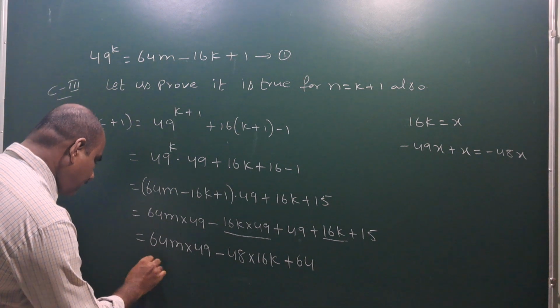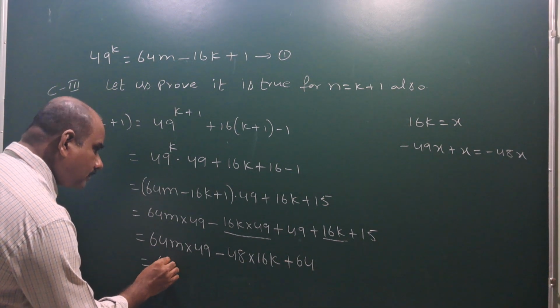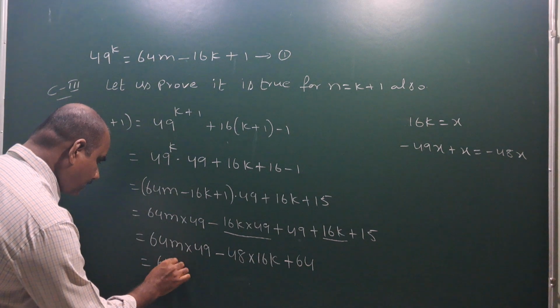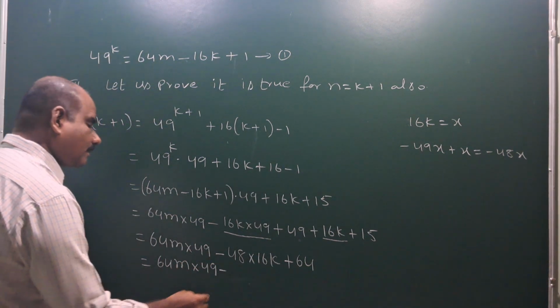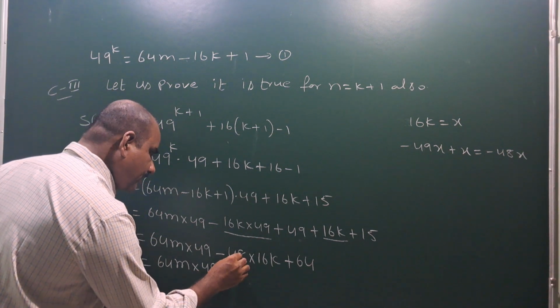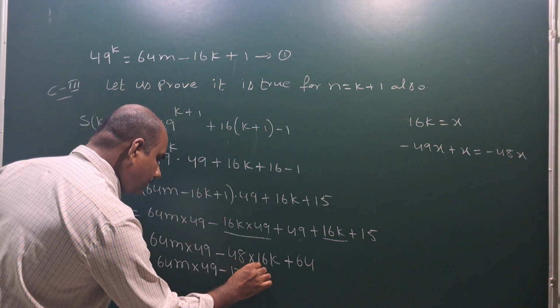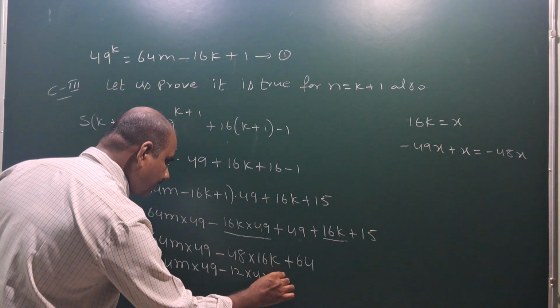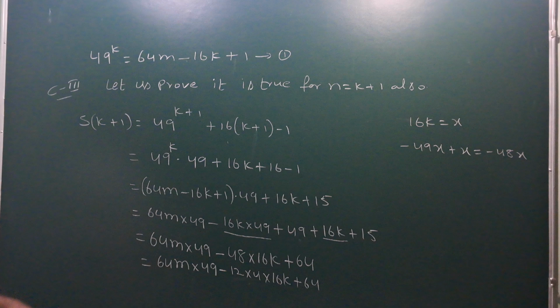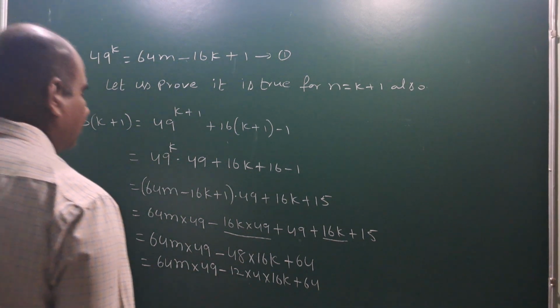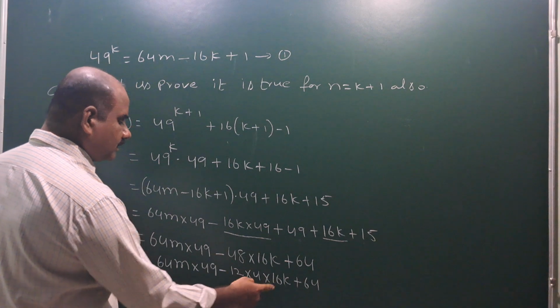And this can be written as 64m into 49 minus 48 can be written as 12 into 4 into 16k, plus 64. Continuation. Here 16 into 4 means 64.